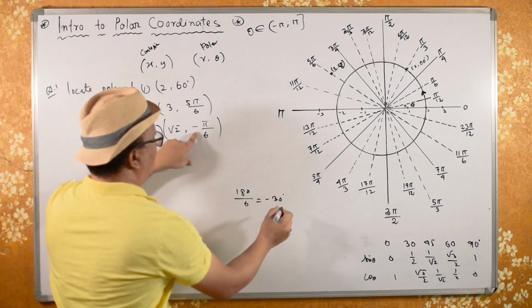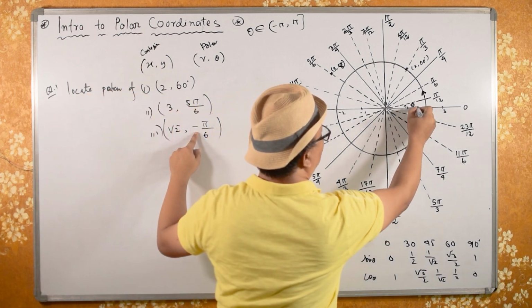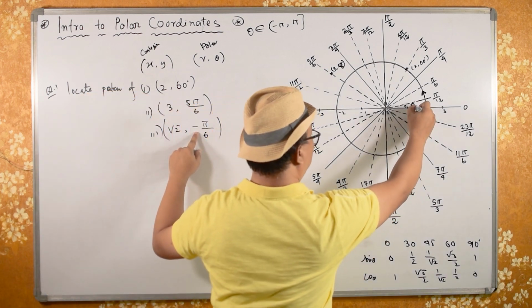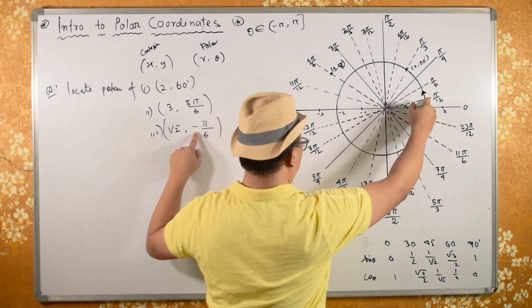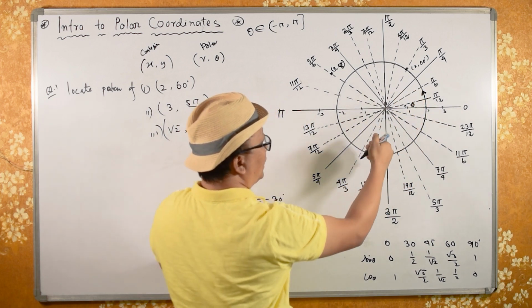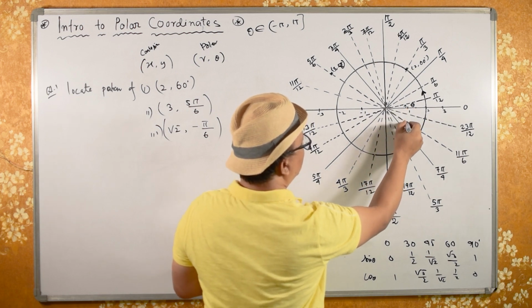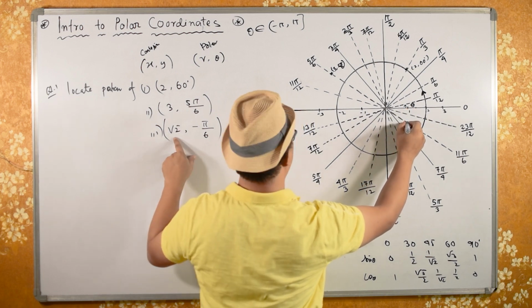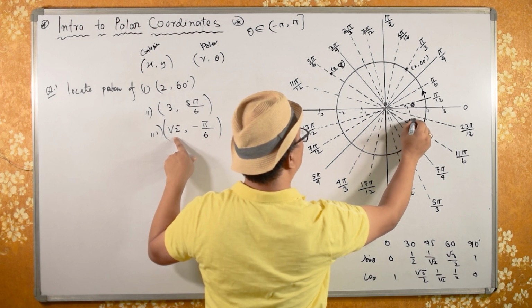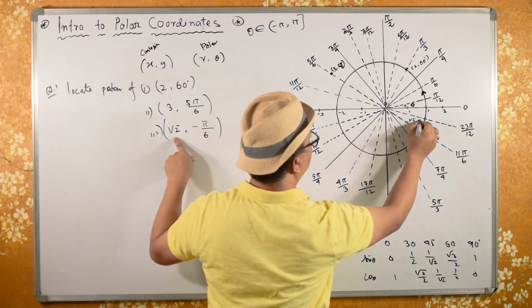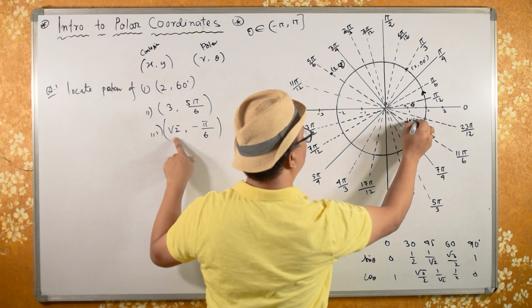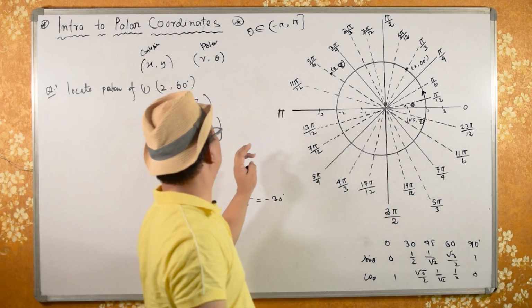Root 2 is over here, and then you bring it down to minus 30 degree, downwards. Here 15, 30 degree. This is the required point for root 2 comma minus pi by 6.